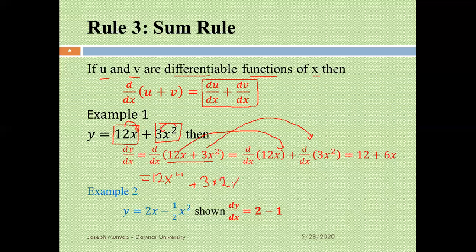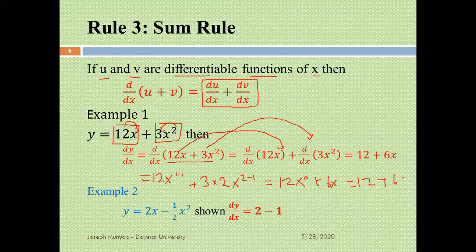So I get 2x, then 2 minus 1. So the answer becomes 12x raised to 0 plus 6x. So any number raised to 0 is 1. So I get 12 plus 6x, which I've given you here.